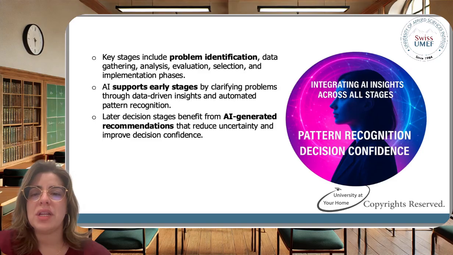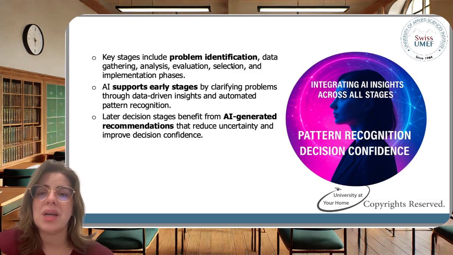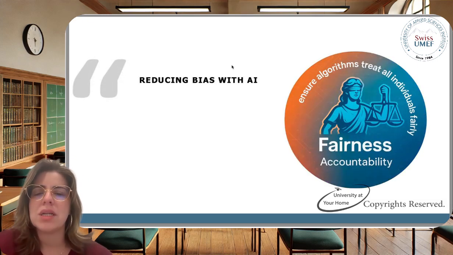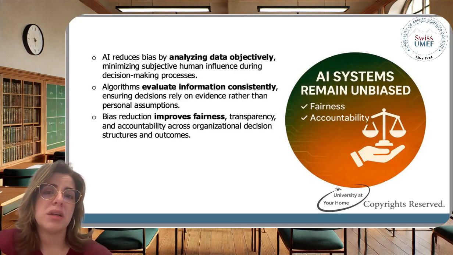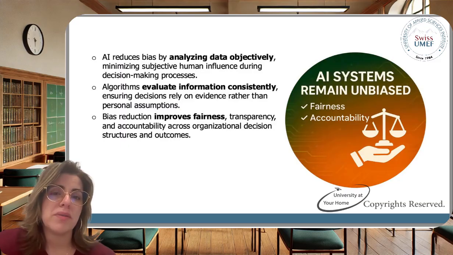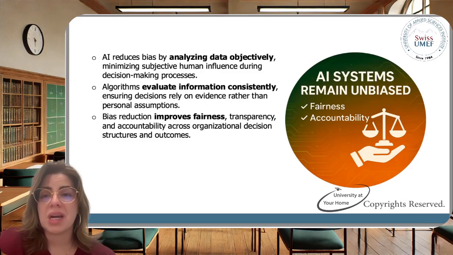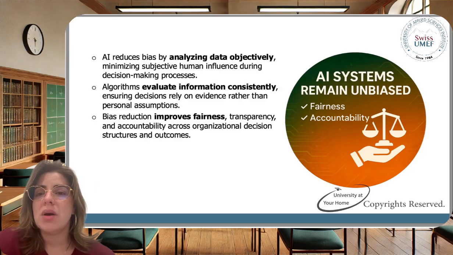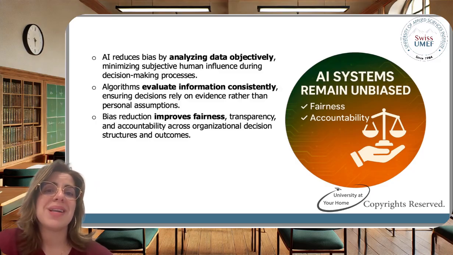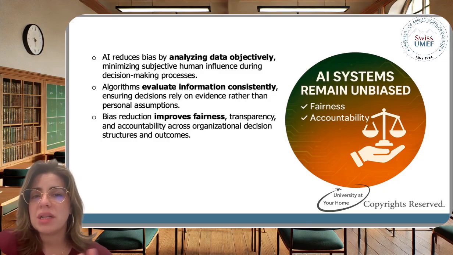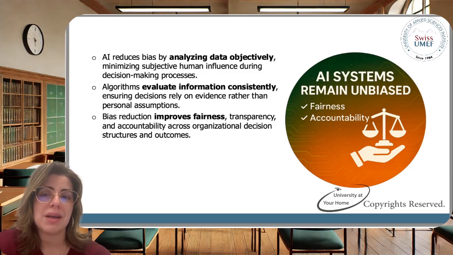This is very important. And when we talk about how to reduce bias with AI, this is a very important subject. As humans, we all have objective and subjective opinions. We might like one product more than another, or we might be influenced by our mood. AI can reduce bias by analyzing data objectively.